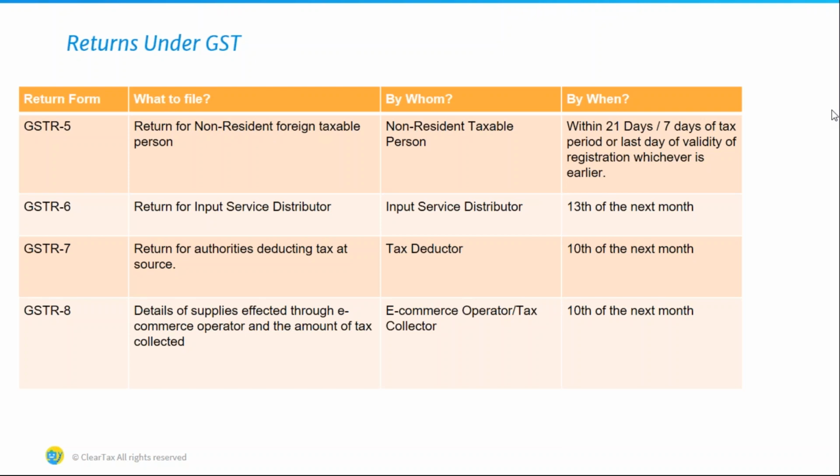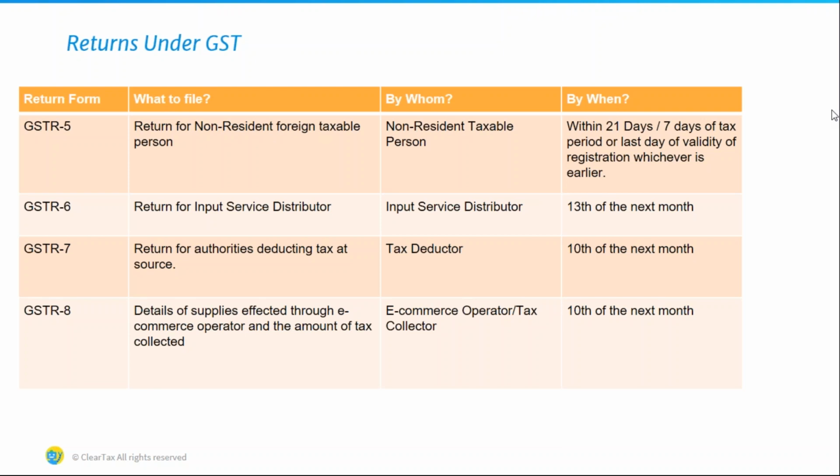Next, we have GSTR 8. Now, this is a very interesting concept which has been introduced under goods and service tax, and this is majorly applicable on e-commerce operators. When we talk about e-commerce or electronic commerce, this segment has been largely unregulated. We have seen that there is no specific law governing electronic commerce in India, but GST is trying to address that loophole for the government.